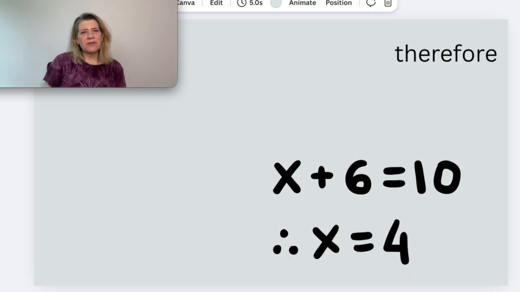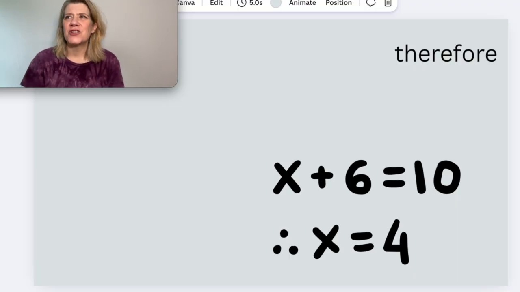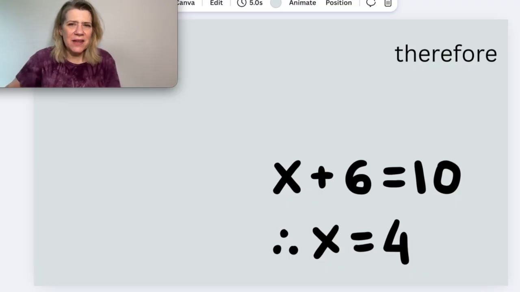Therefore. Therefore is an interesting word. It is a conclusion. We use it as a way to sum things up. For example, if x plus 6 is equal to 10, then x equals 4. So I would state x plus 6 is equal to 10.